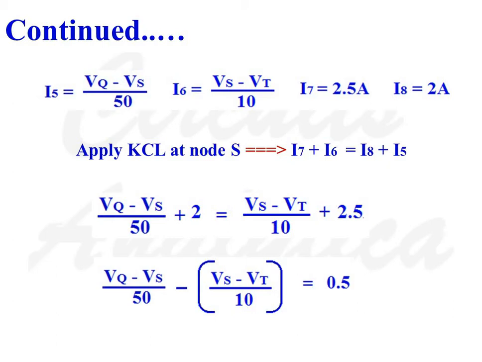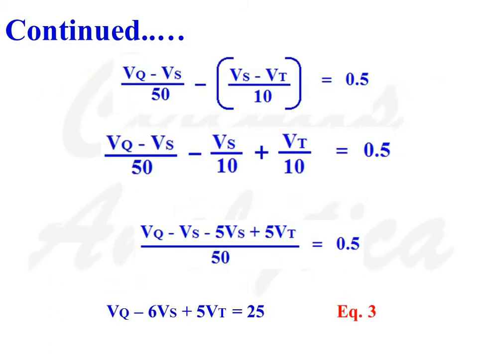(Vq minus Vs) divided by 50 plus 2 is equal to (Vs minus Vt) divided by 10 plus 2.5. Rearranging the terms, we can write (Vq minus Vs) divided by 50 minus (Vs minus Vt) divided by 10 is equal to 0.5.